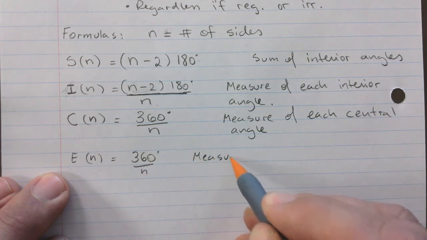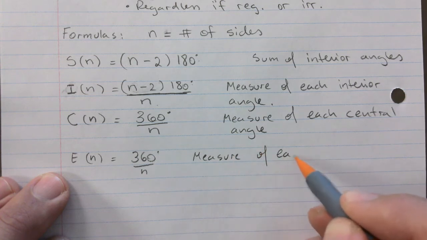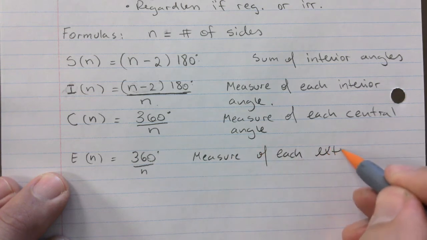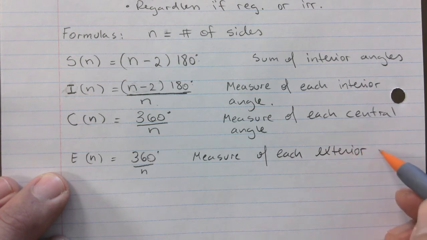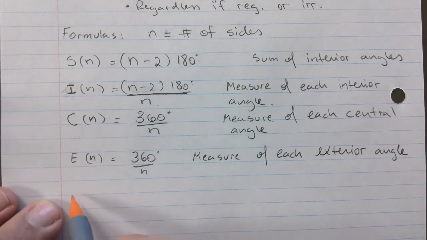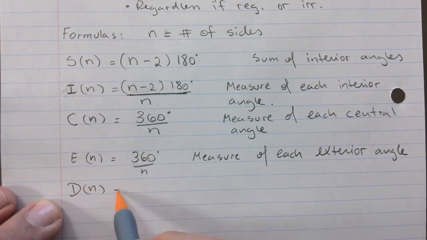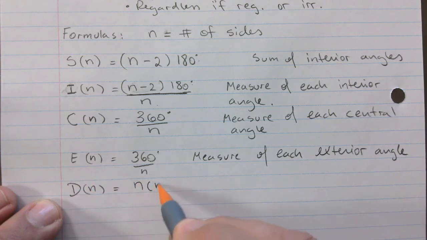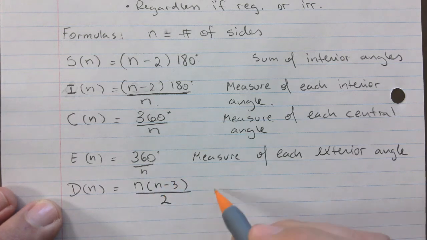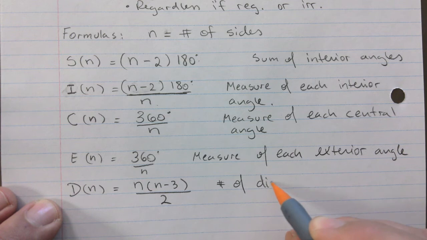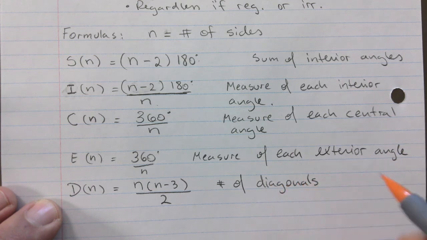Measure of each exterior angle. And the last one, D. This one is n times n minus 3 divided by 2. This is the number of diagonals that can be drawn.